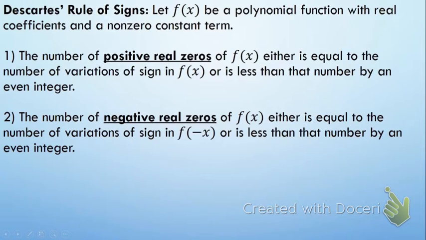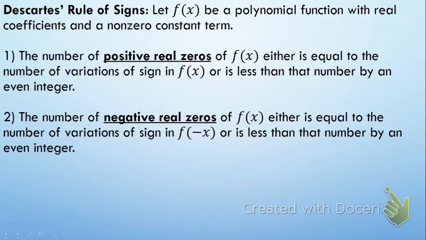So we're going to count up how many times the sign changes. We're going to write that number down. And then we're going to minus 2 from that if we can. And we'll do that until it would end up with a negative number, because we can't have a negative number of positive roots. To figure out the number of negative real zeros, we're going to sub in negative x.